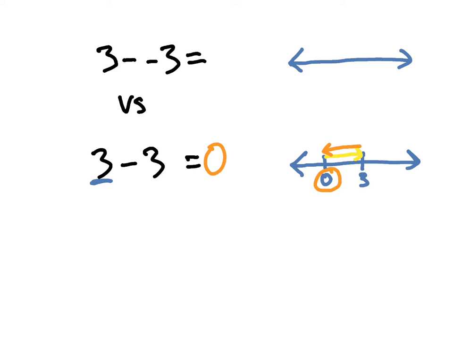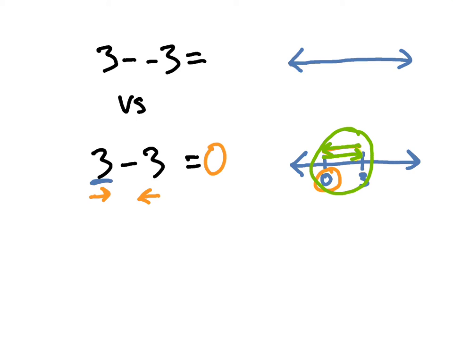Okay? Because this means go to the right 3. And then when I subtract 3, that means go to the left 3, right? That's what we did right here when we were looking at this. Right here. We went to the right 3, and then we went to the left 3.